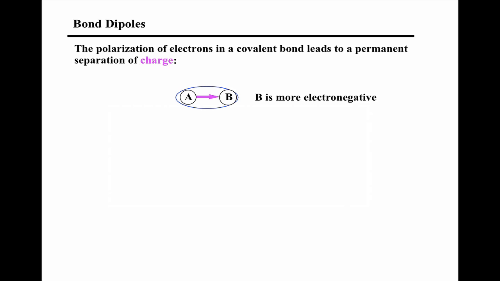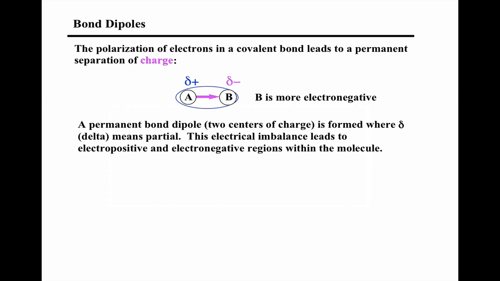So if B is more electronegative than A, we would say that this molecule is polar because B is attracting the electrons in that bond more to itself than to A. And so what atom would take on the partial positive charge and which atom would take on the partial negative charge? It would be B. That's right.